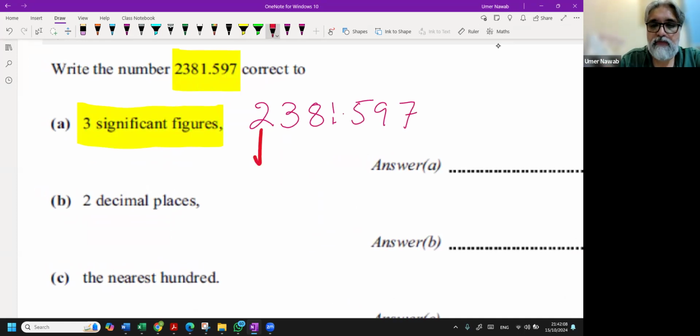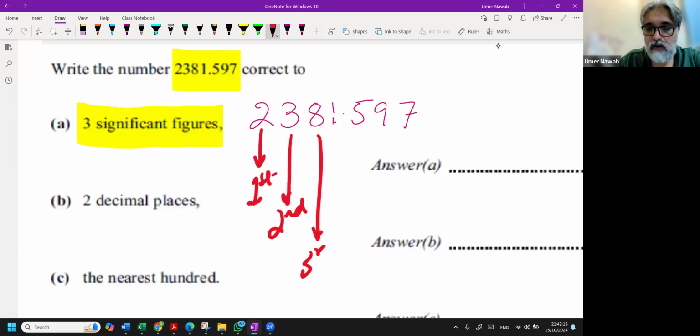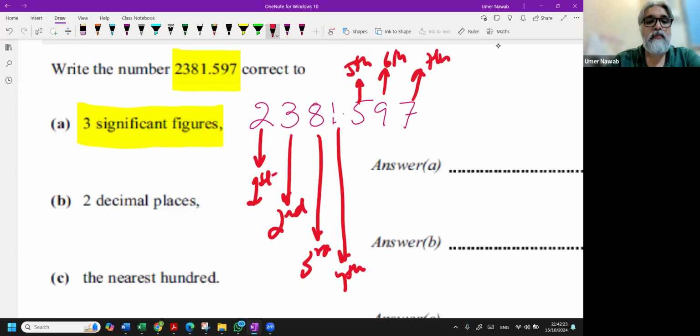This is my first significant figure, second, third, fourth, fifth, sixth, seventh. So the actual number is written to 7 significant figures, but I want to round it off to 3 significant figures. So where is the third significant figure? This is the third significant figure.